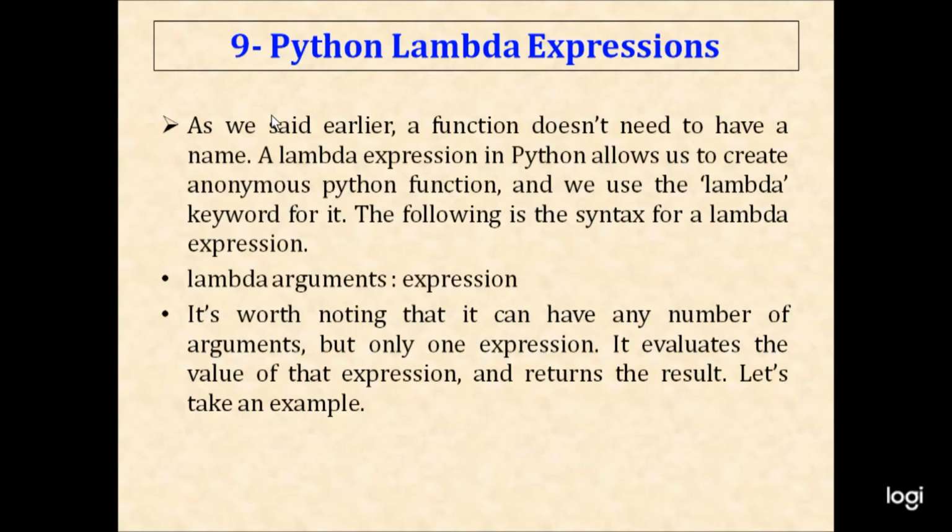A lambda function expression in Python allows us to create an anonymous Python function. By using a lambda expression, you can create an anonymous Python function having no name, and we use the lambda keyword for creating this type of function, and its syntax will be as shown below.